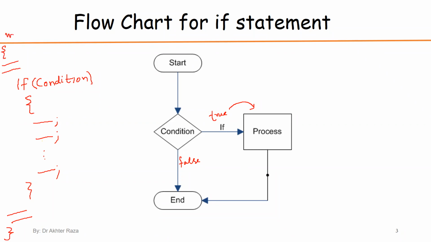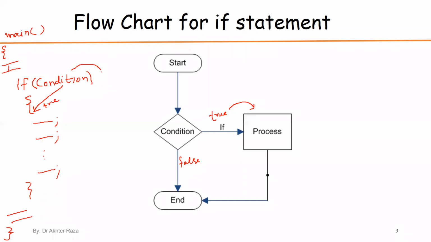Here we have main. The main starts from here. These two lines will be executed in sequential logic. Line number 1 will be executed, then line number 2. When it comes to line number 3, a condition is there. If the condition is true, it comes inside the block.